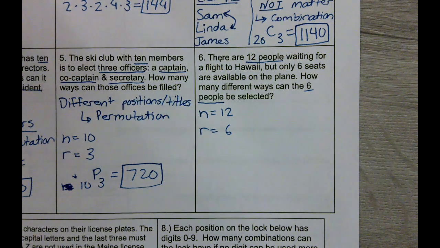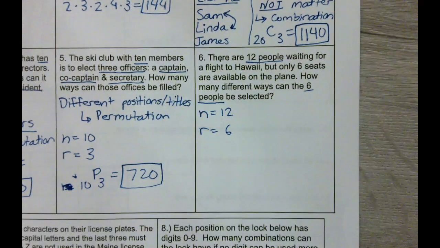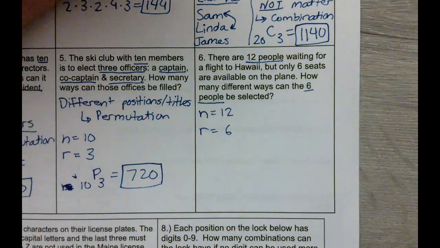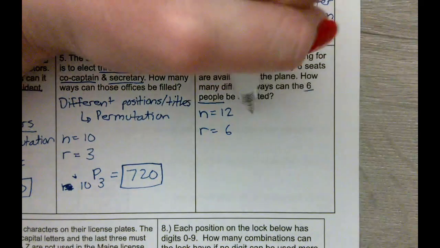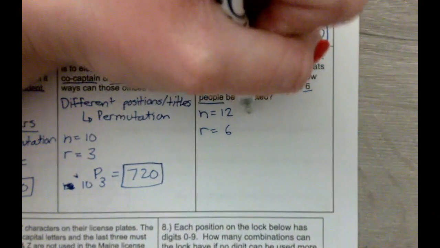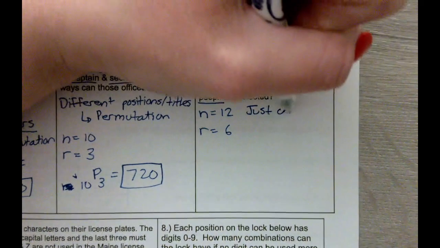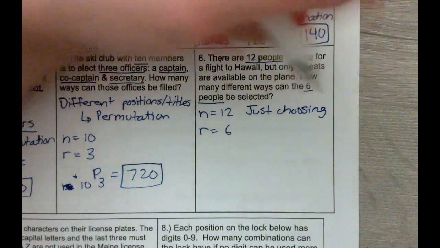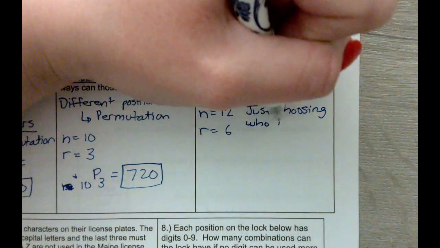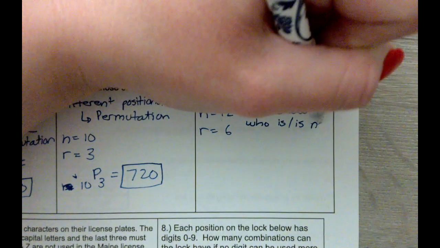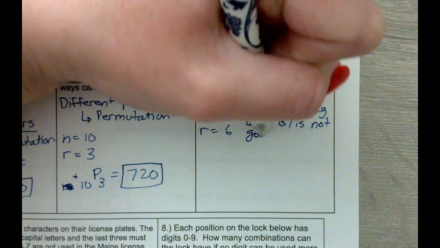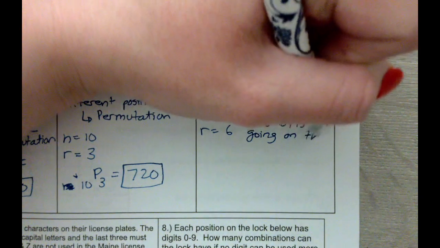So there's no change there. If we were assigning these people to a specific seat, then we can make an argument for permutation here. Since that's not what we're doing, we're just saying, hey, you 6 are going on the plane. It's a combination. So I'll add an explanation here. Just choosing who is or is not going on the plane.